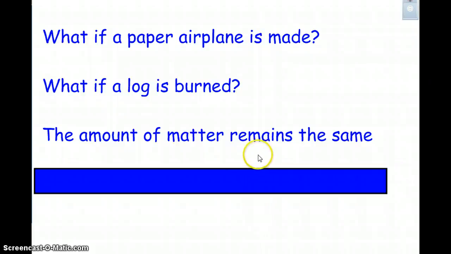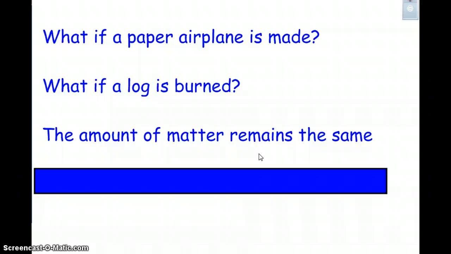But if you were to take all of the smoke and all of the ash, I mean, think if you burned a log in a sealed room, that room that it was in would still have the same mass. It wouldn't change. Nothing was destroyed. It didn't go anywhere. It just changed its shape.